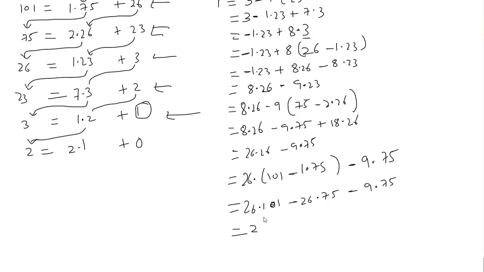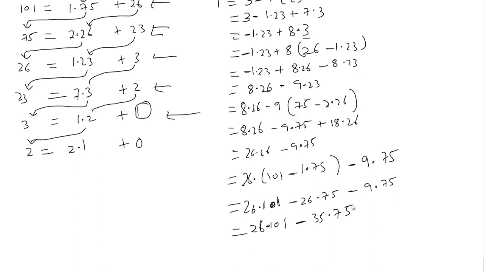Since we have to put the terms with 75 separately, this will be 26 times 101 minus 26 and 9, that's equal to 35, 35 times 75.